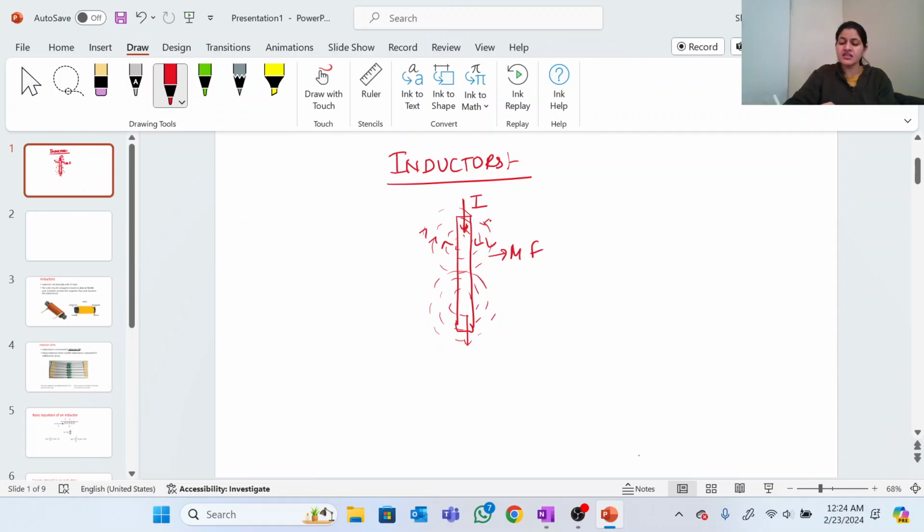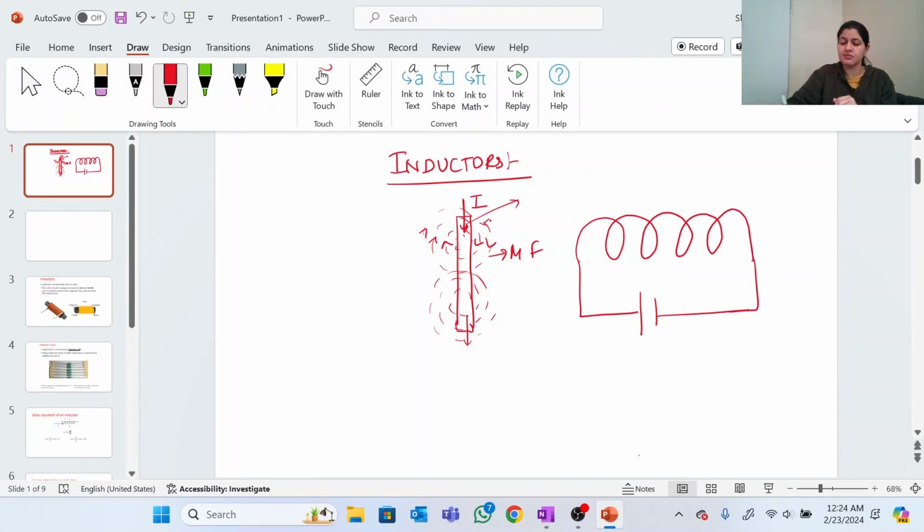Now if we take the same conductor and make turns like this, and then give it a power supply, let's call it an AC power supply, what will happen? The same kind of magnetic lines you feel around one conductor, you will feel across each conductor.